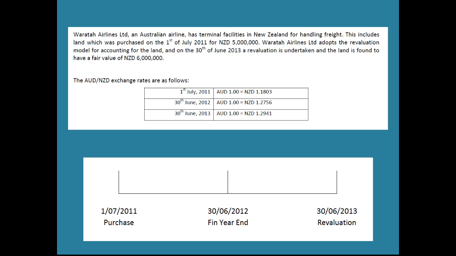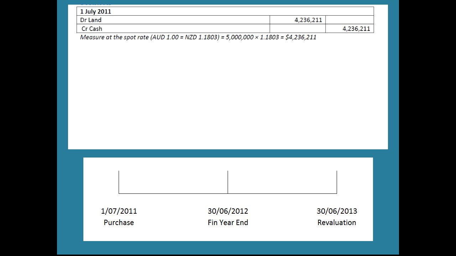The 500,000 New Zealand dollars worth of the land is going to be worth fewer Australian dollars because 1 Aussie is buying more New Zealand dollars. So $500,000 worth of New Zealand is equivalent to $4.2 million Australian. So we pick up the land and we pick up cash being paid out because we're just paying for it straight up.